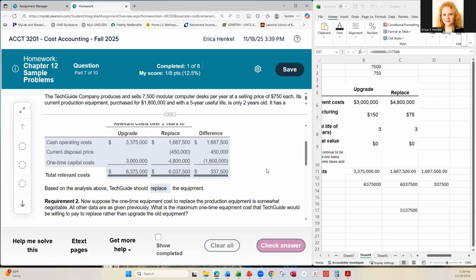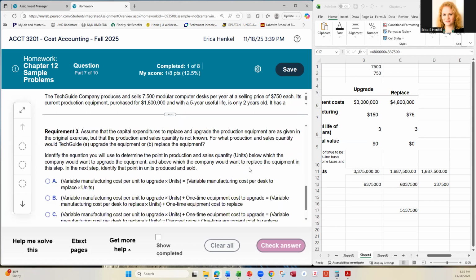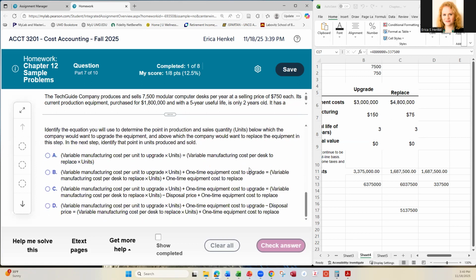So the cash operating costs are equal to the variable costs times whatever number of units you're making. So let's see. So we've got that, and plus the one-time capital cost to upgrade is going to be equal to the variable manufacturing cost times units, yep, minus the disposal price. Okay, so that's this one, because this is the same thing.